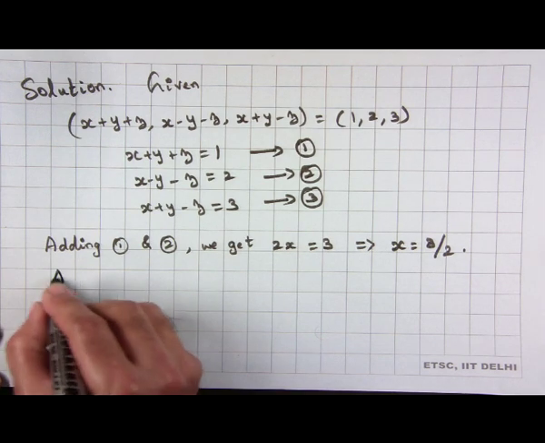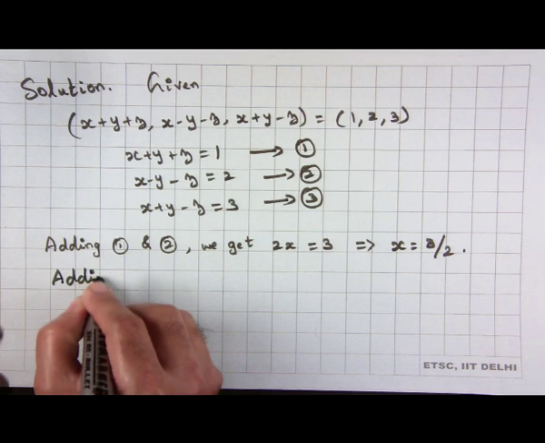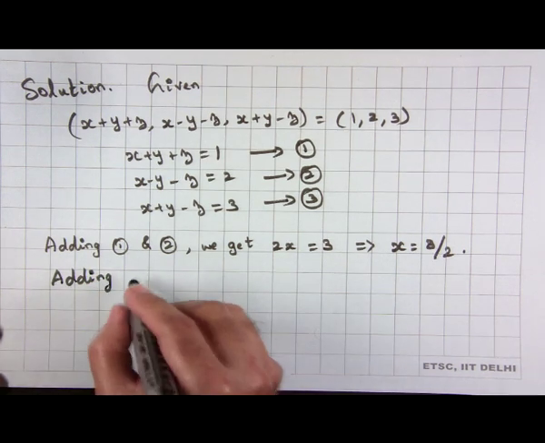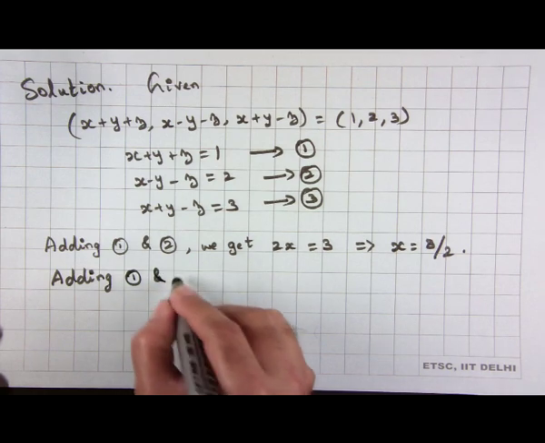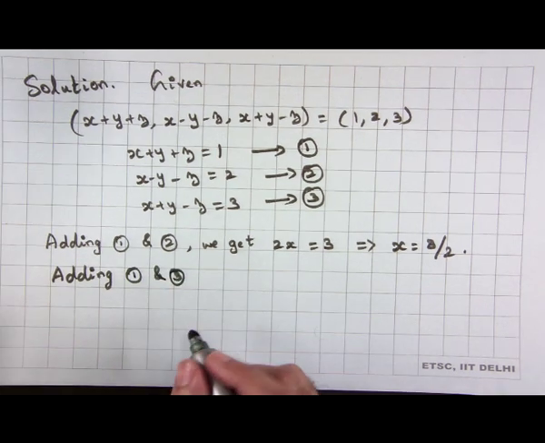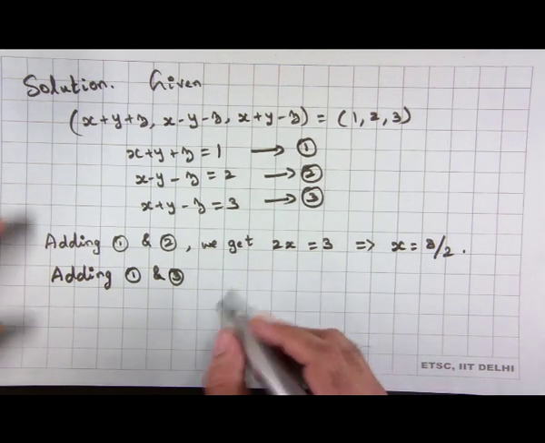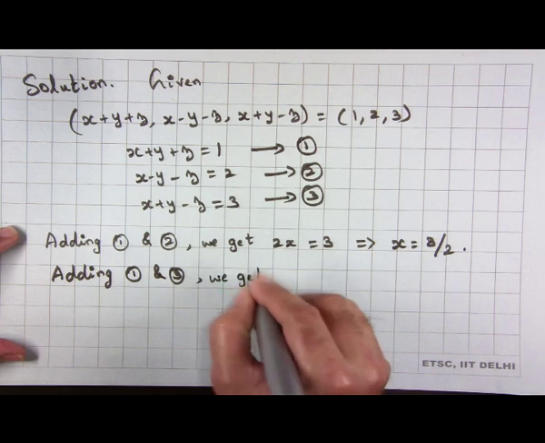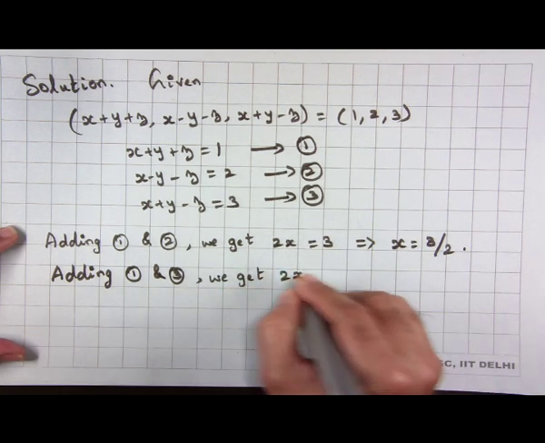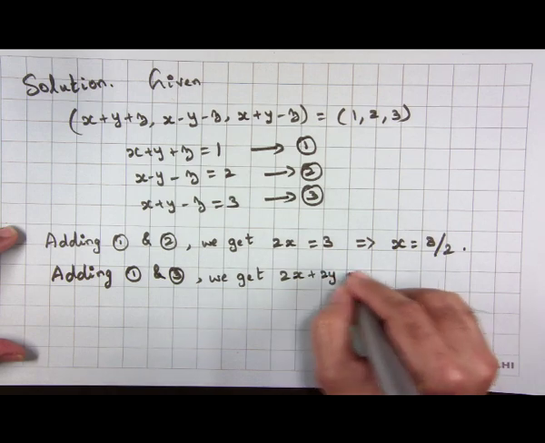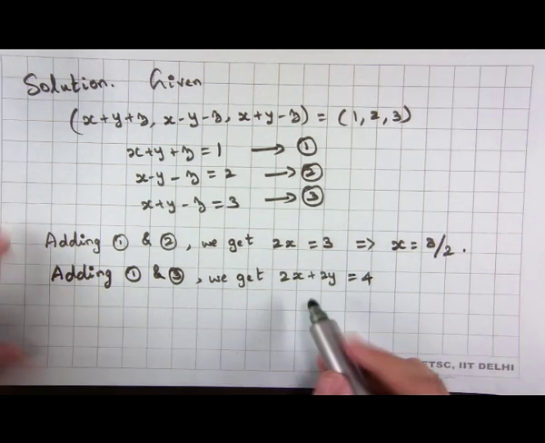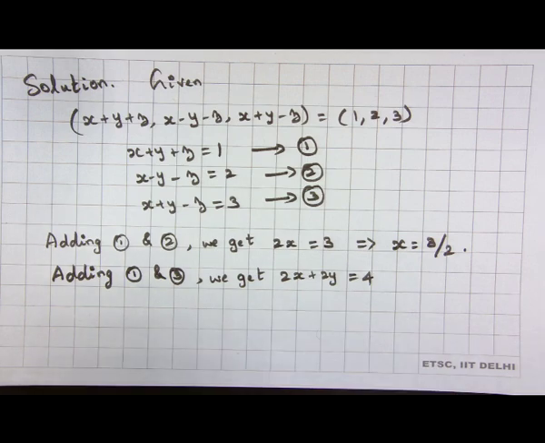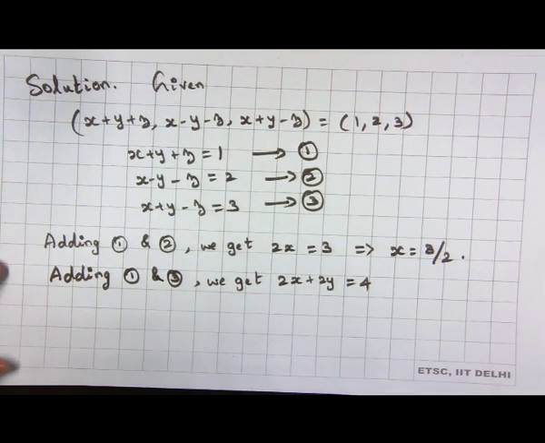Now, adding 1 and 3, what will I have? We get 2x plus 2y equal to 4, but what we know is that x is 3 by 2. So, let me substitute x as 3 by 2.